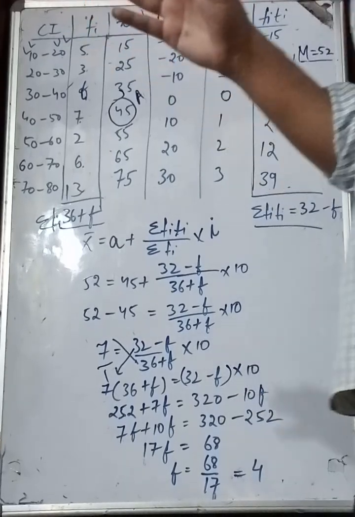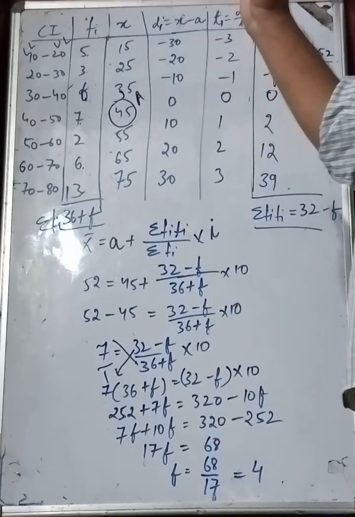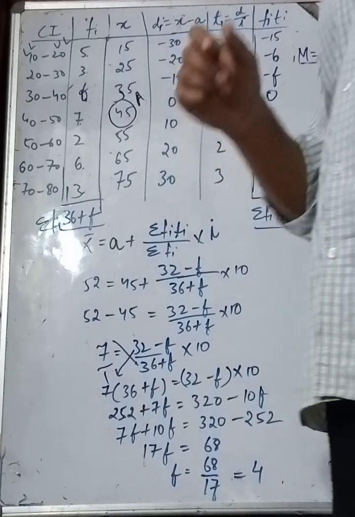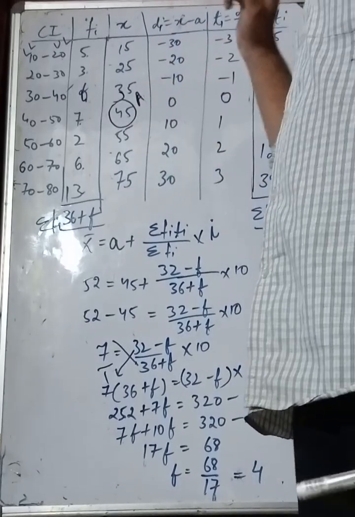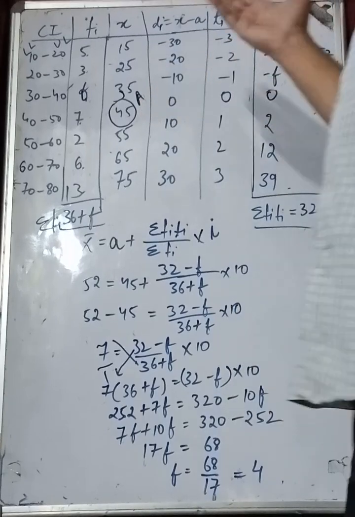There is no problem. You can assume any value as the assumed mean. Here we assumed 45, because it lies in between.